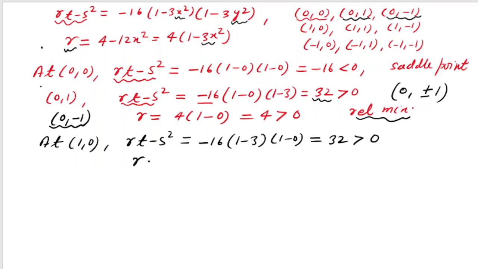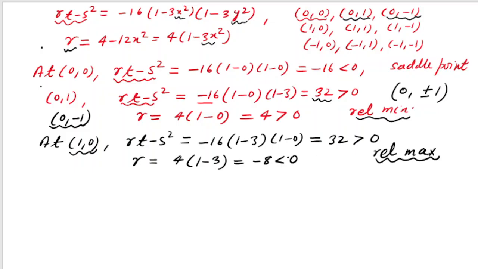So we have to calculate the R value, that is 4 into 1 minus 3x square. So here x is 1, so 4 into 1 minus 3, so I get 4 into minus 2, that is minus 8, less than 0. So if rt minus s square is greater than 0 and R is less than 0, then this point 1, comma 0 is a point of relative maximum, right?